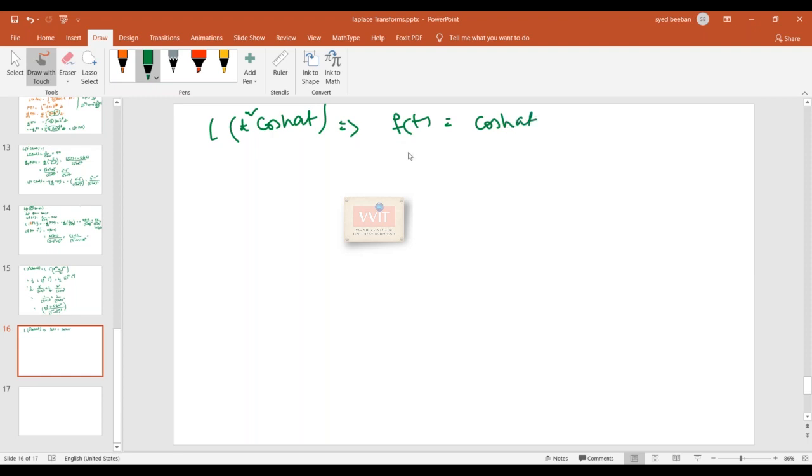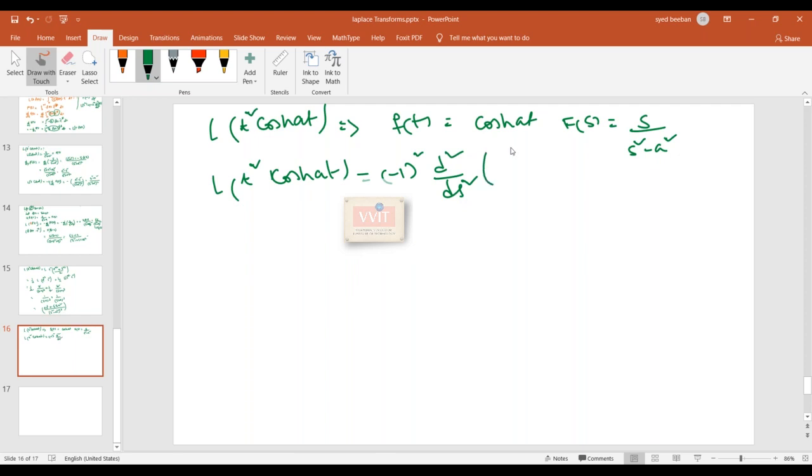Then f of s would be s by s square minus a square. So by using that, L of t square cos hat can be written as minus 1 whole square times d square by ds square of s by s square minus a square.